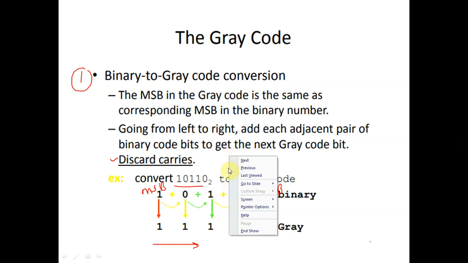Now I am taking a second example. I take 1011 for conversion of binary to Gray. Look here, this one is the MSB, so as it is. This is the binary number and this one is the Gray number. The binary MSB bit is the same as the Gray MSB bit, so write 1 as it is.